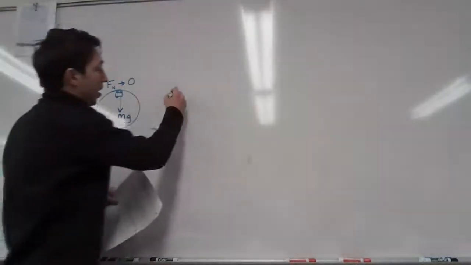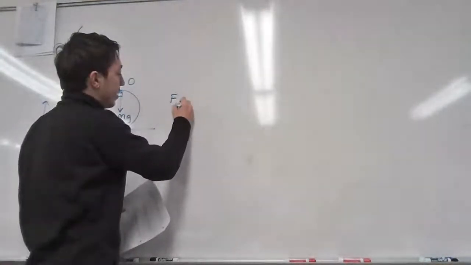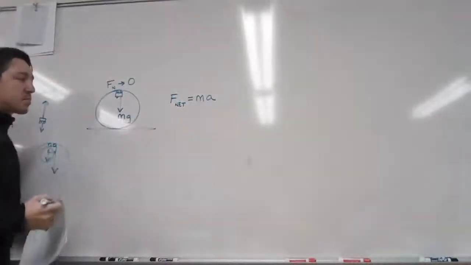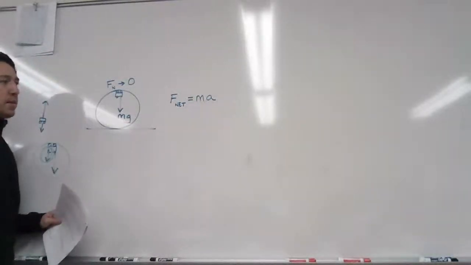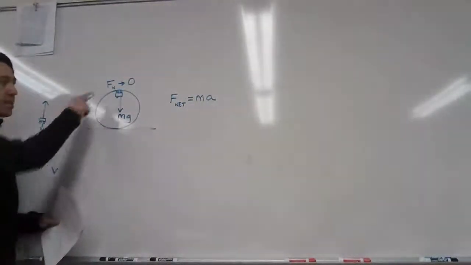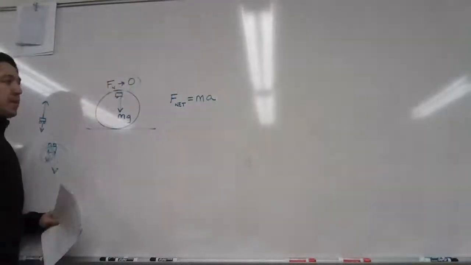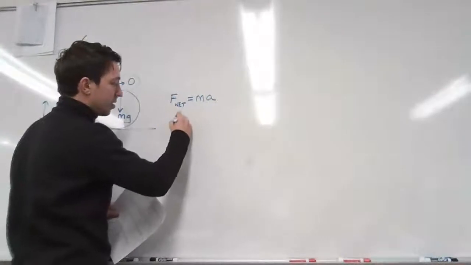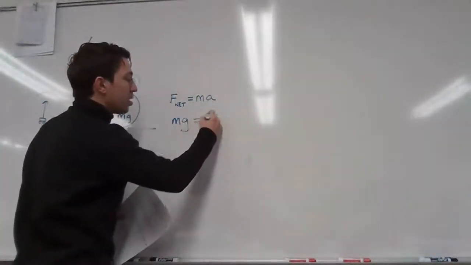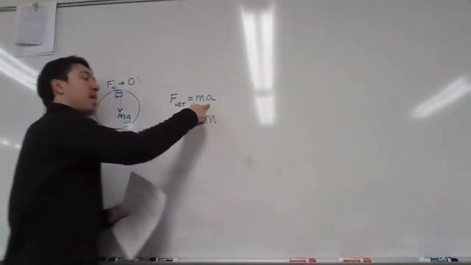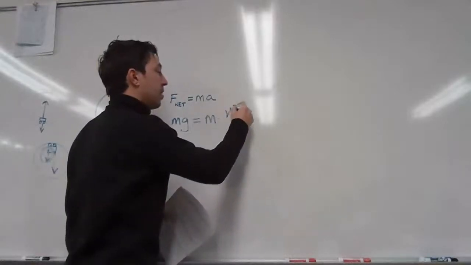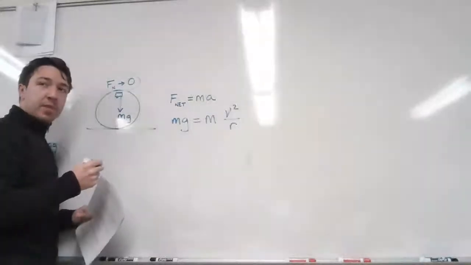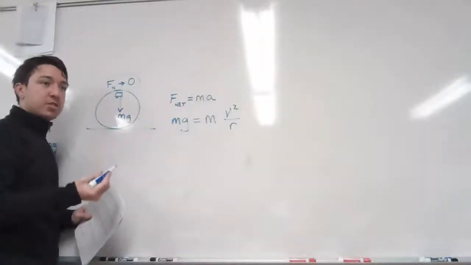So anyway, I write the same formula, F net equals ma. Newton's second law. What's the net force if I carefully selected my velocity to make my normal force zero? What's the net force now? mg. And a is v squared over r. Now you see, wow, we're getting an extremely elegant relationship here.